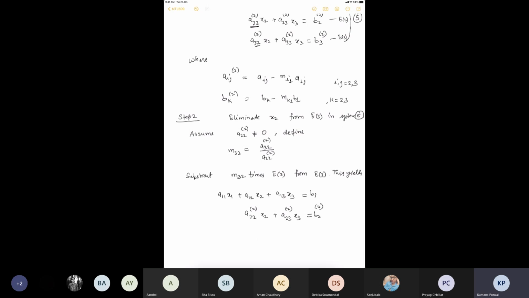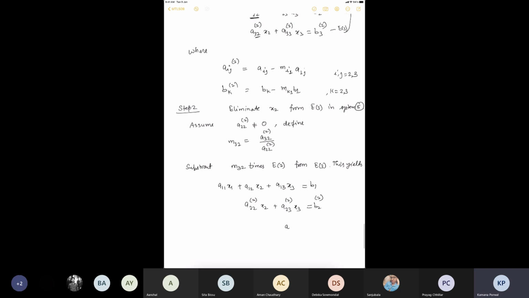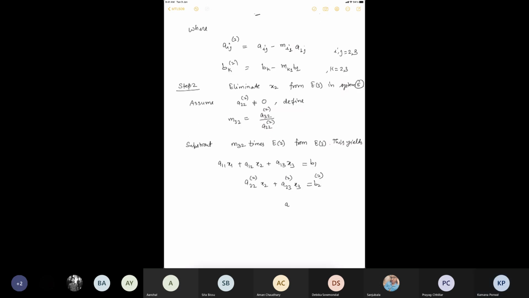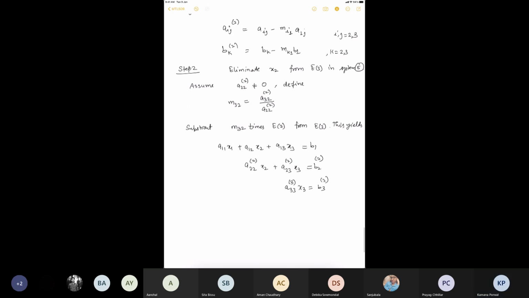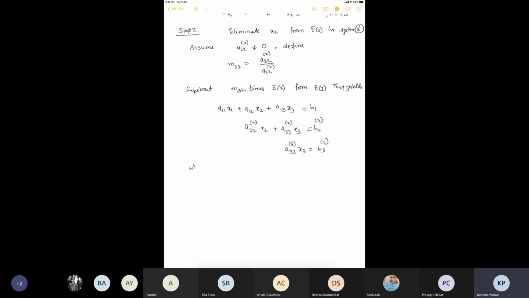So I will not have the coefficient of the x2. Only term which will be left is the coefficient of x3, which is going to be A33. So this is a new coefficient. So I'm changing the superscript here. A33 times x3, this is equal to b3. Now what is this coefficient here?